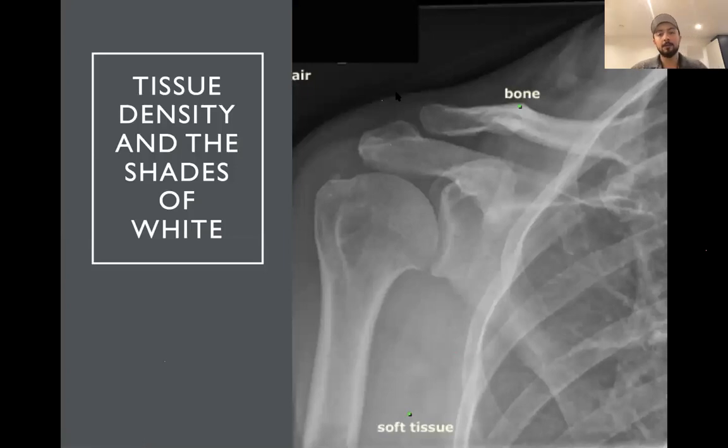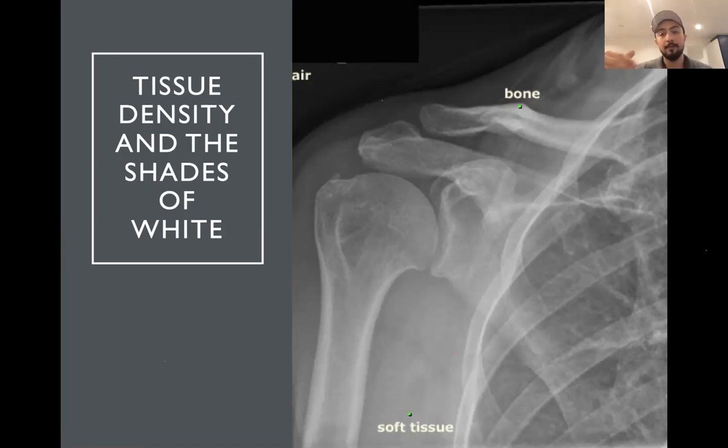So we're almost done, by the way. This is almost the final part of the slides. It's very important to be able to distinguish between different shades of white, because as you know, different densities of tissue absorb different amounts of radiation, and that causes the tissue to appear either very bright or very dark.